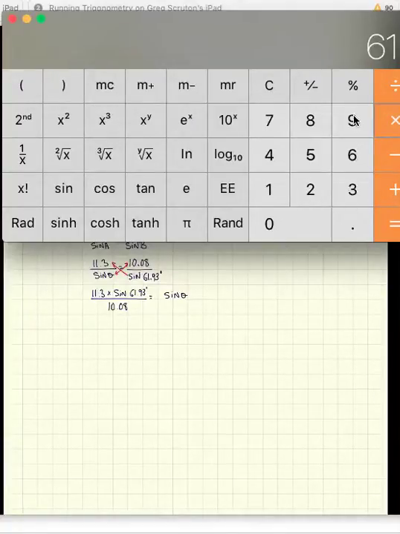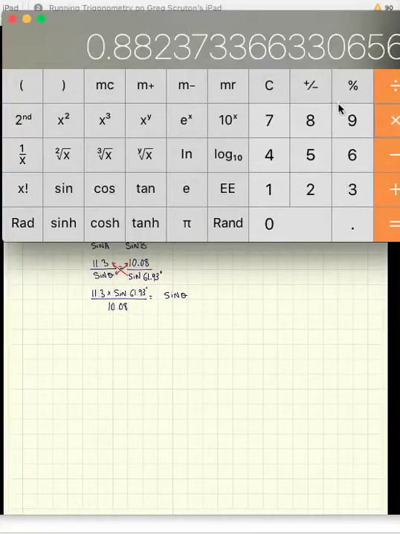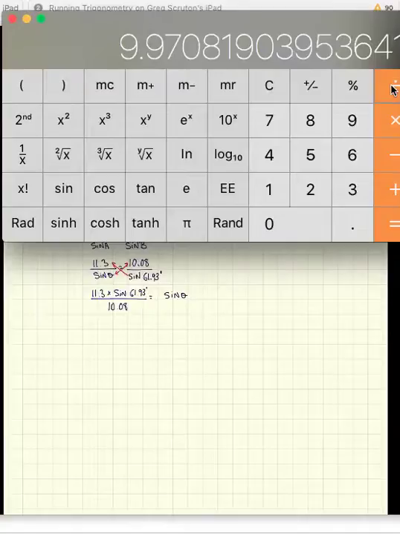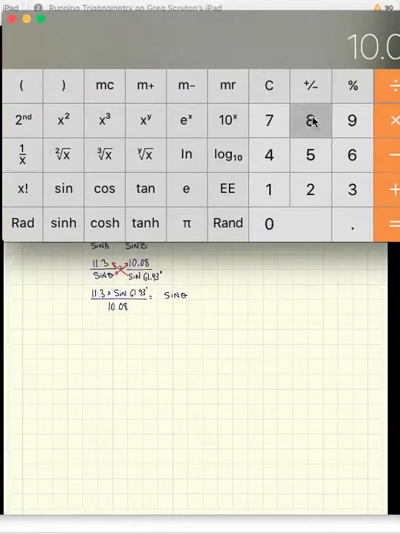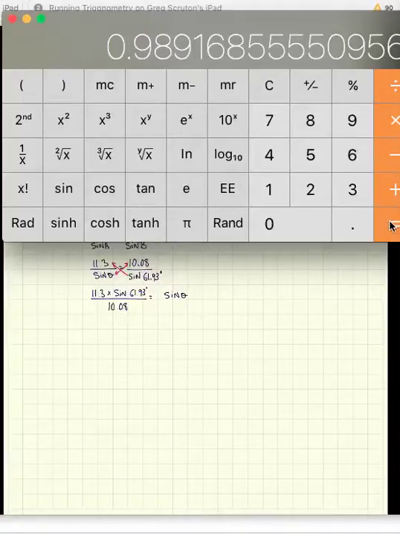I have to put my angle first. And then the sine of that divided by 10.08 is equal to 0.9891685. Fine, it goes on forever. I'm going to keep that number in my calculator, but I'm just going to represent it with 0.9892 is equal to the sine of theta.